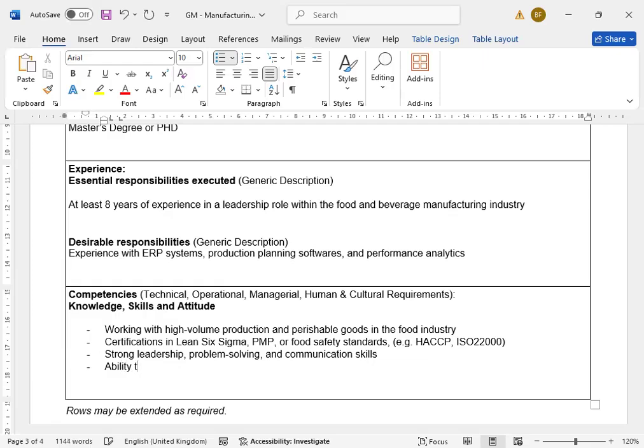Ability to manage multiple projects. Not necessarily that this manager knows about project management, like CPM, things like that. Doesn't matter as long as he can cope up with how to manage the projects.